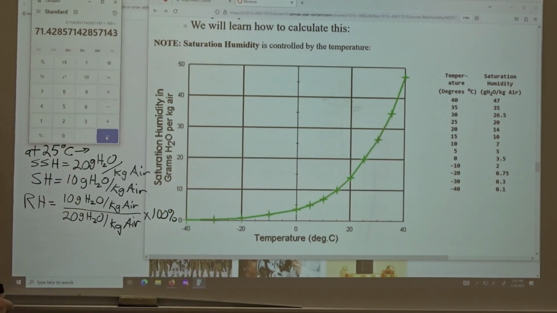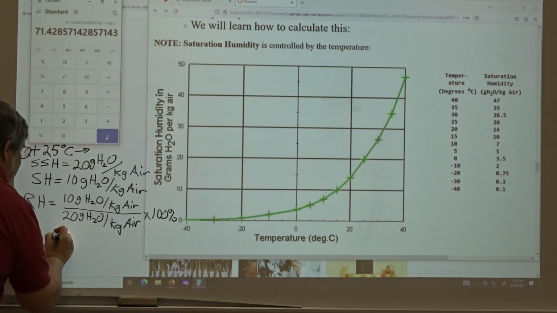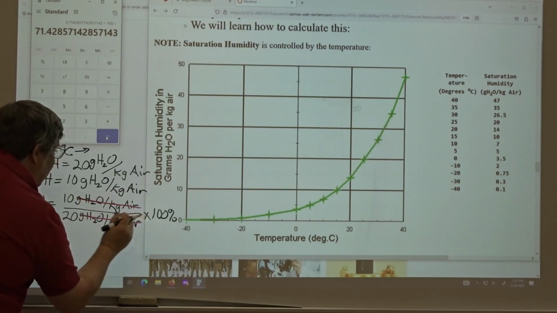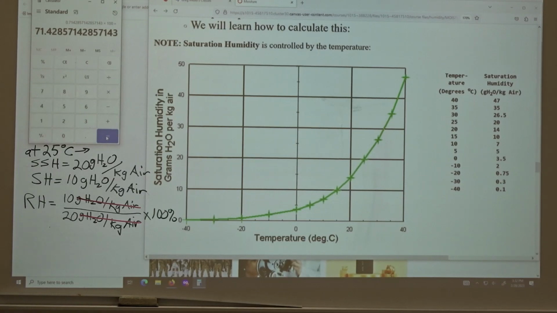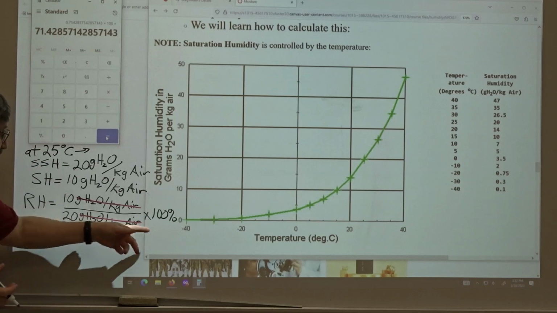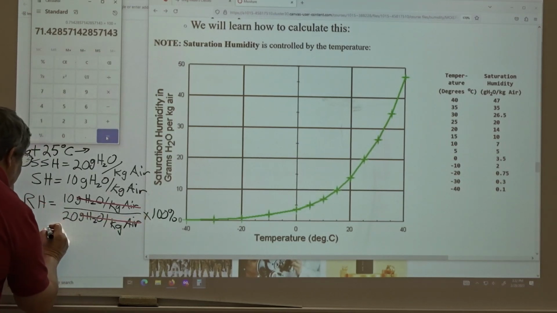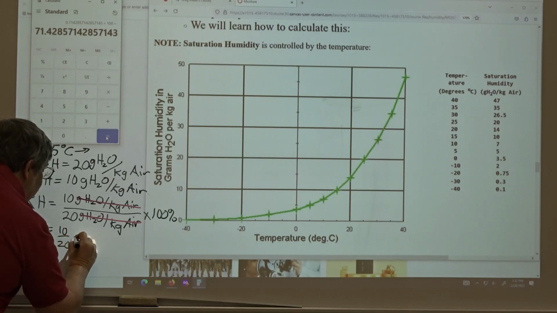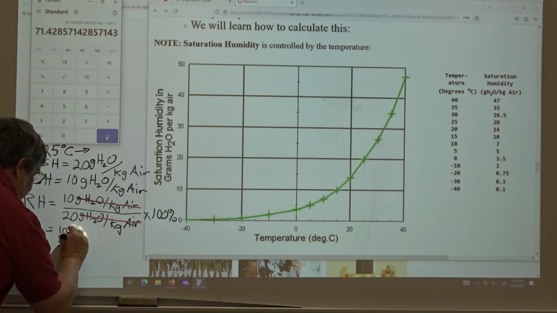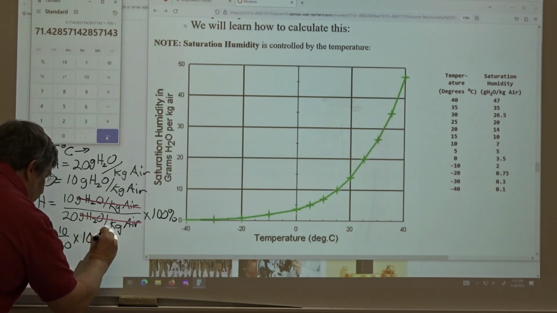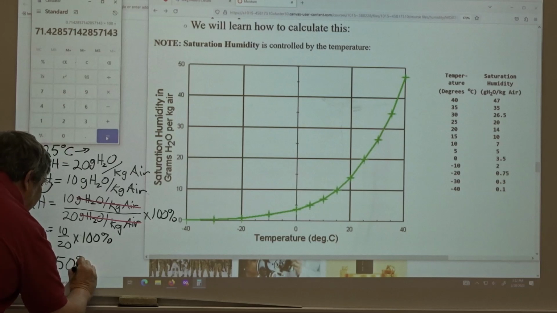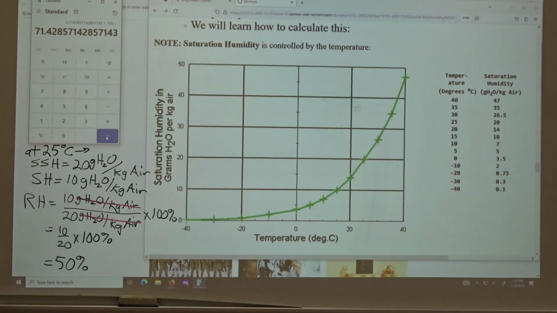And we're going to cancel out the units. So 10 over 20 is 1/2. 1/2 of 100 is going to be 50%, and we can even avoid using the calculator for that.